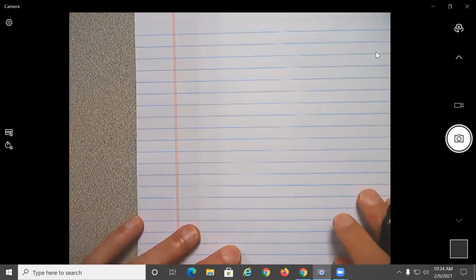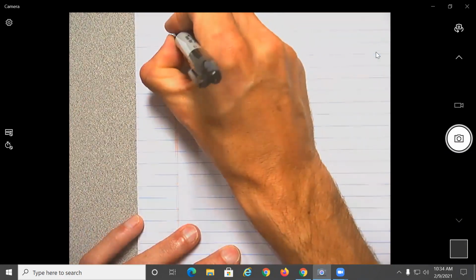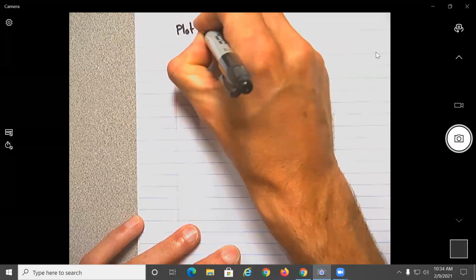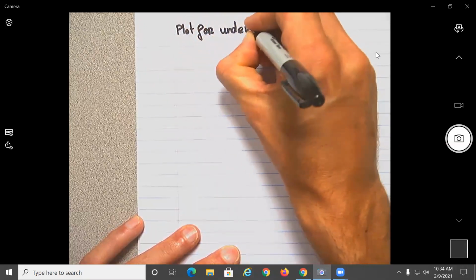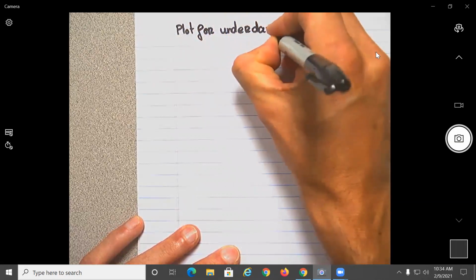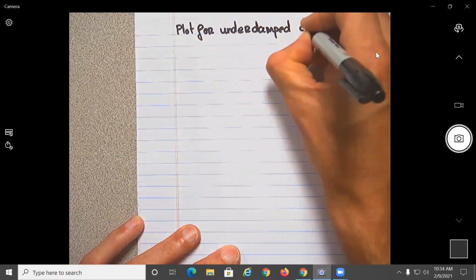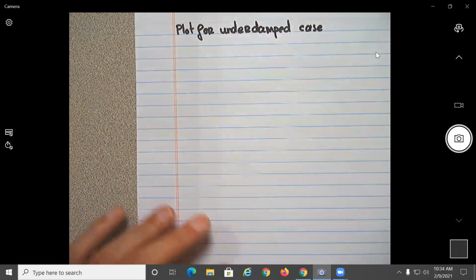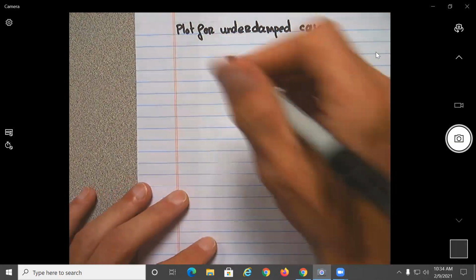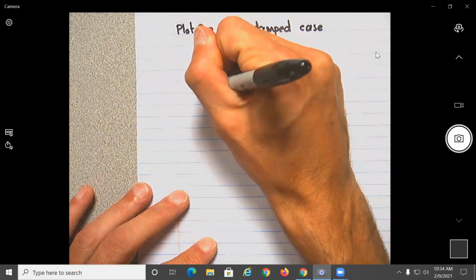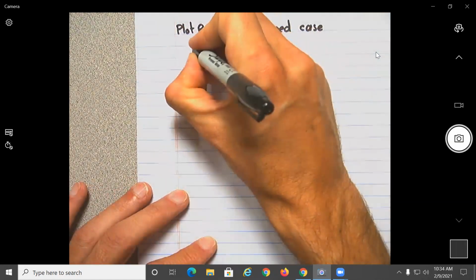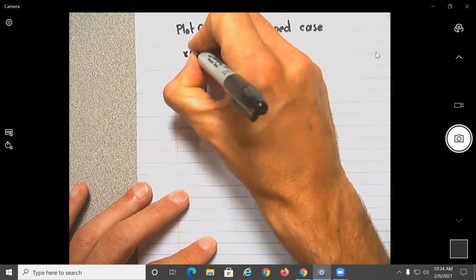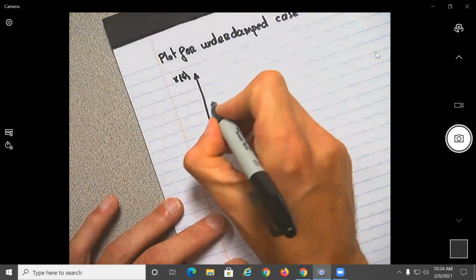Okay, we can plot the solution. So plot for underdamped case. So this is x of t in function of time.